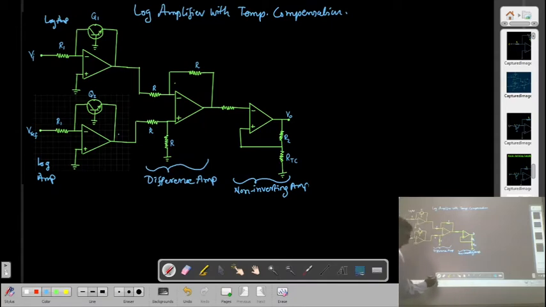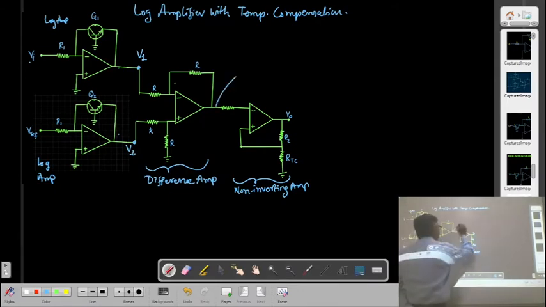Here the input is Vi and the output of this log amplifier, let us say at this point, is V1. Here the V reference is there and the output of this log amplifier is, let us say, V2. Correct? Then what will happen?